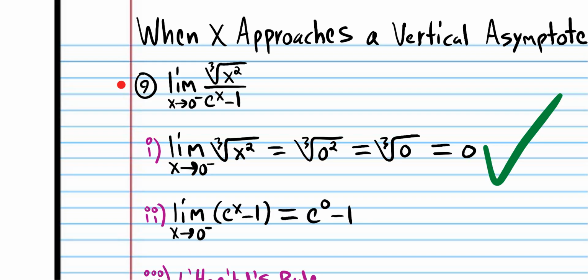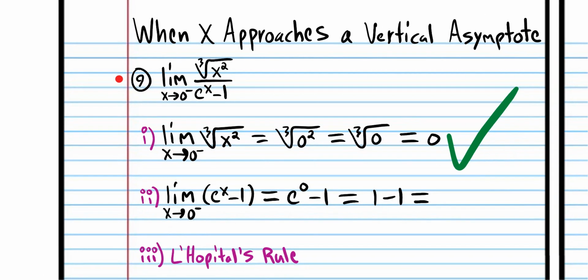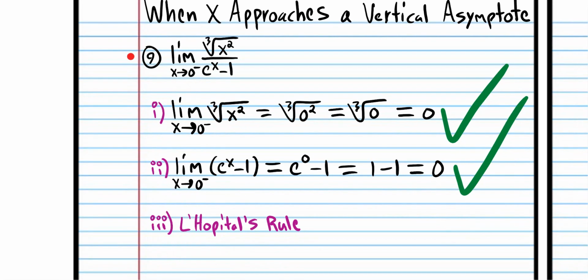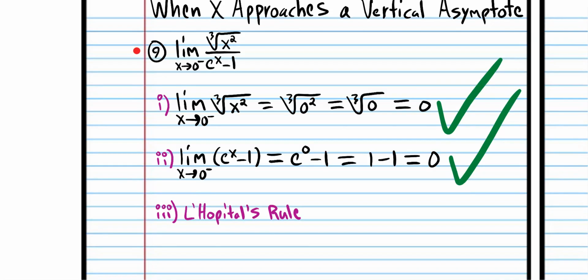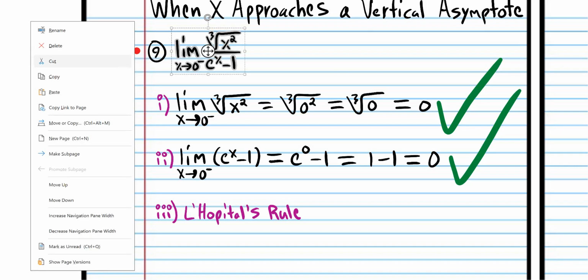So again, we have a continuous function, so we're just going to plug in 0, and we get 0. So it seems that we can use L'Hopital's rule. So I'm going to copy this expression, and we'll try to use L'Hopital's rule.